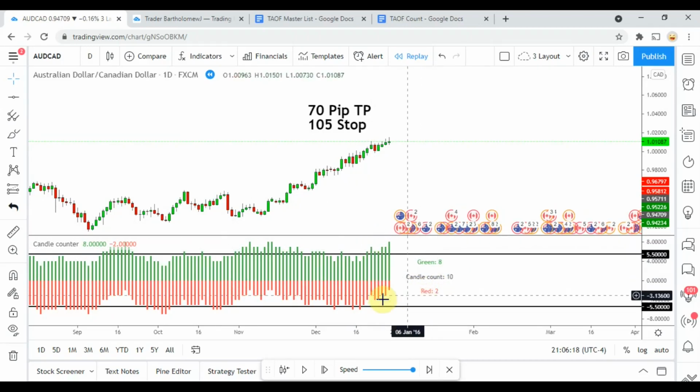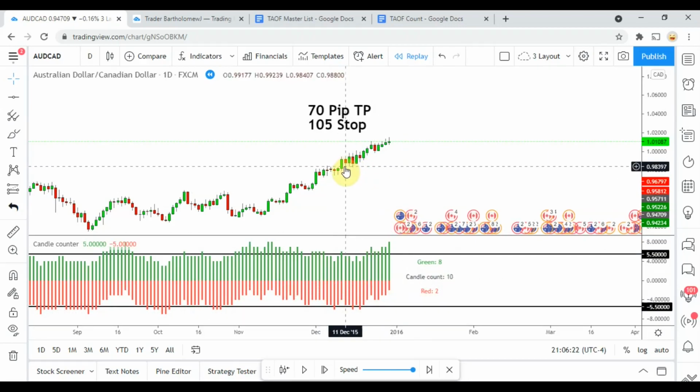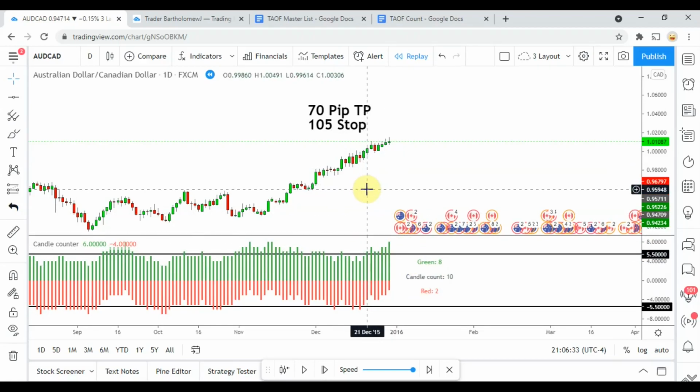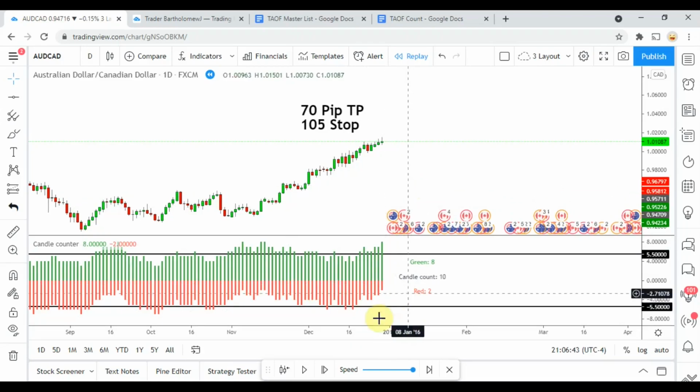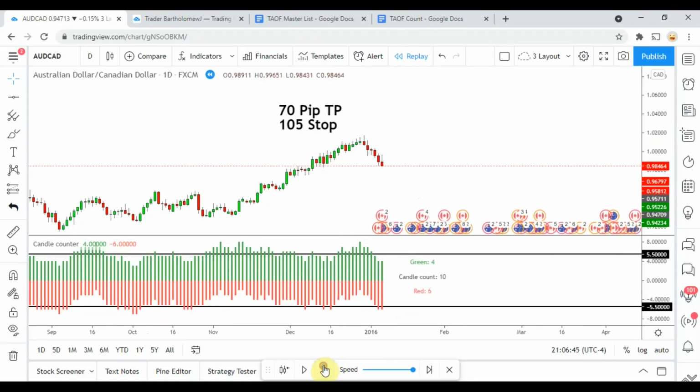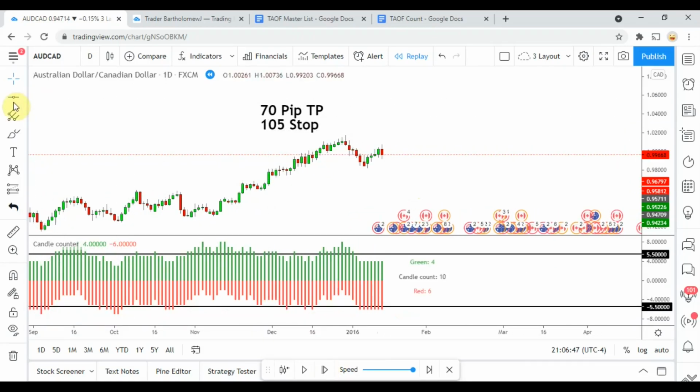The higher number of red, the lower the red bar reaches down. So basically what we're looking for is when a green bar crosses up above the black line, that is going to be a signal to go long. When we get a red bar that crosses down below the black line here, that will be a signal to go short. So that's what we're looking for. Let's go ahead and get on with the testing and see what we can get out of this.